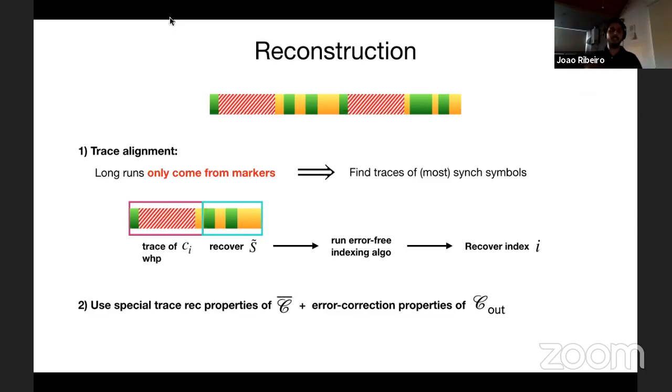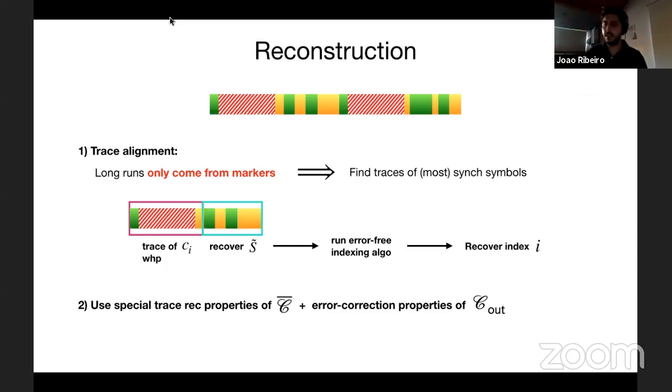So you cluster the traces, recover them, and hope that your inner code has good trace reconstruction properties so that most of the code word symbols are recovered correctly, and then correct the remaining errors with your outer code.